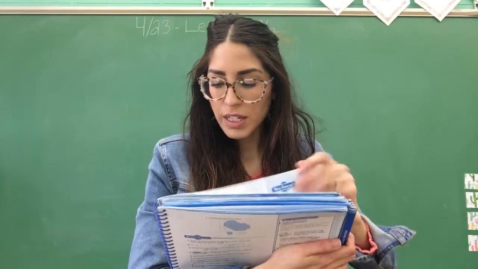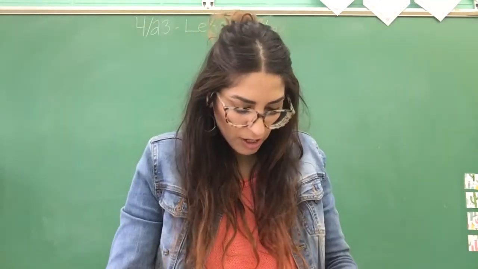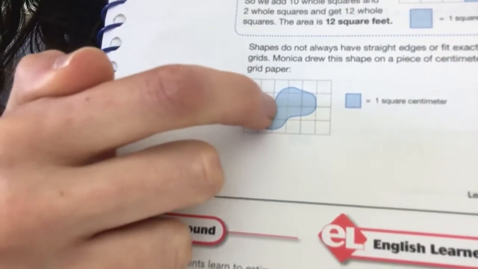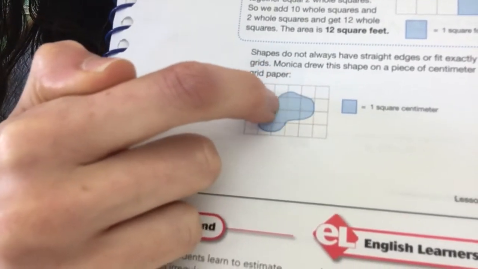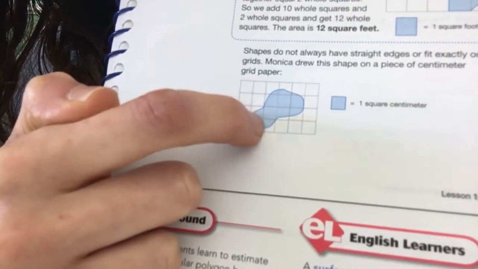So let's see the area of Monica's shape. Let's go back to Monica's shape here. Trying to get close to the camera here. So we have 1, 2, 3, 4. That's about fully shaded. These 3 and then that one. That one's about half, half, half.